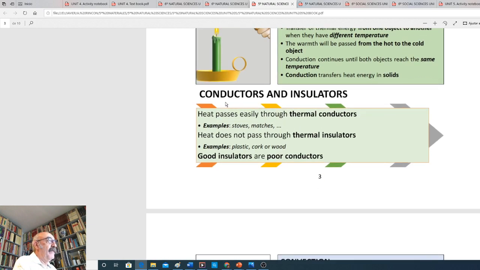Some are heat conductors, and others are heat insulators. Heat passes easily through thermal conductors, for example stoves and matches. Heat doesn't pass through thermal insulators. Examples of thermal insulators are plastic, cork, or wood. Good insulators are poor conductors.